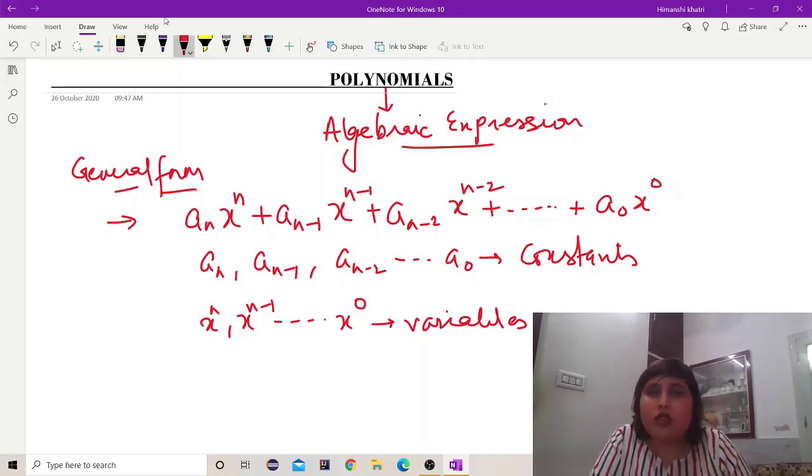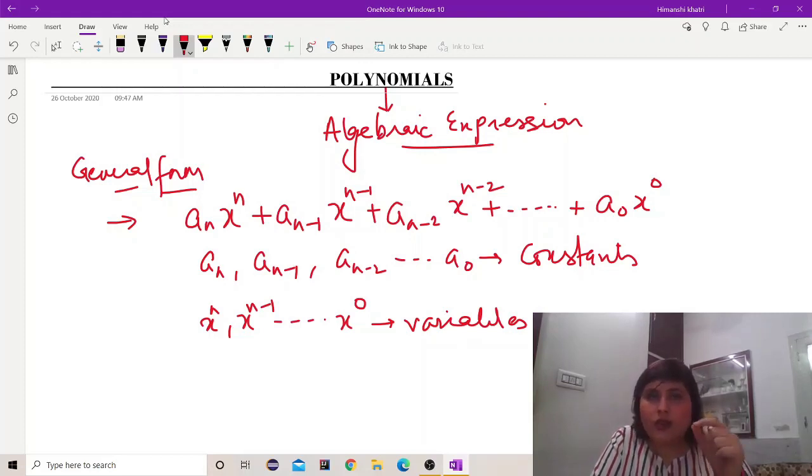Okay, but now suppose I want to find the area of a rectangle. So what do I require? I require length, I require breadth, and each time the length and breadth change, because every time the dimensions cannot remain the same.